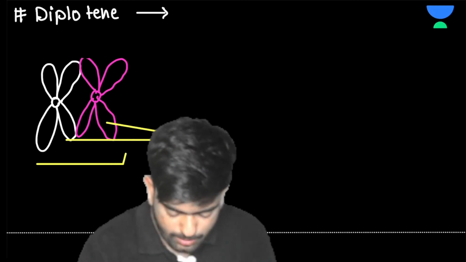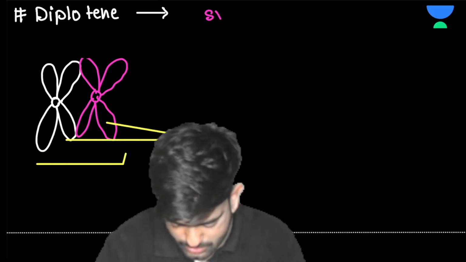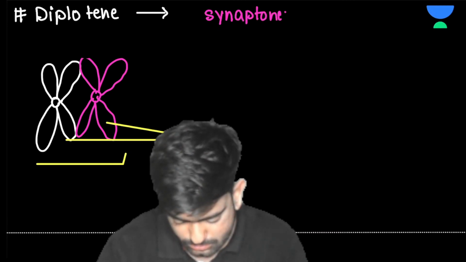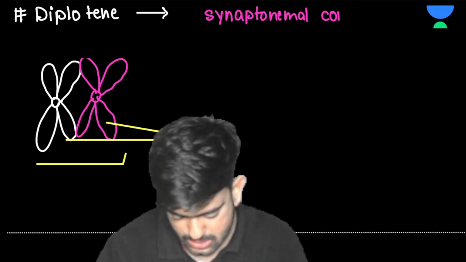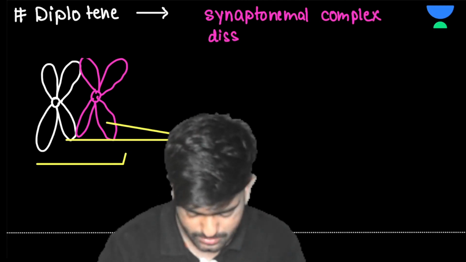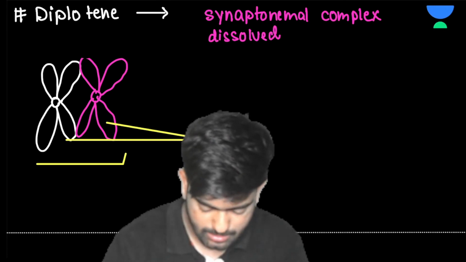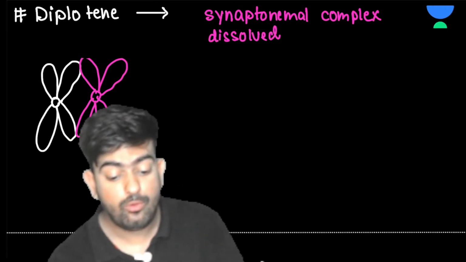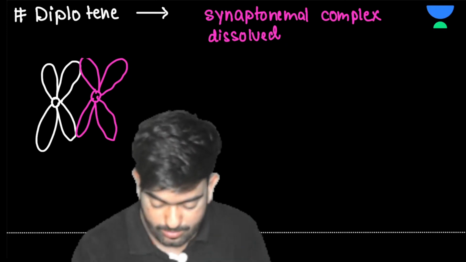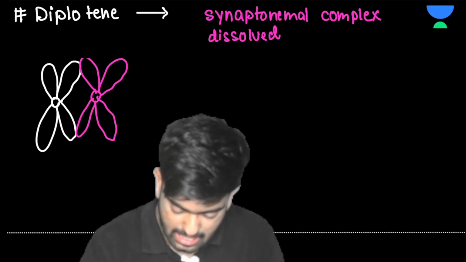Okay, synaptonemal complex dissolved. So let's write here, synaptonemal complex dissolved. Okay, sir, we understood that the synaptonemal complex got dissolved. Now there will be the formation of chiasmata. How, sir?